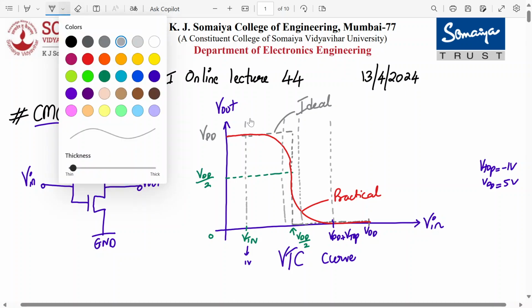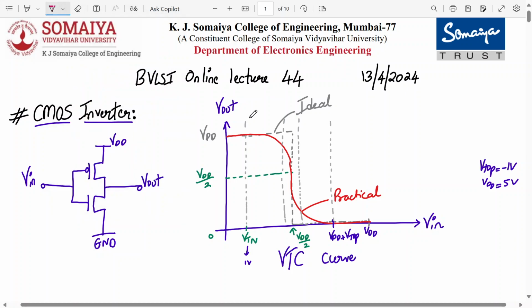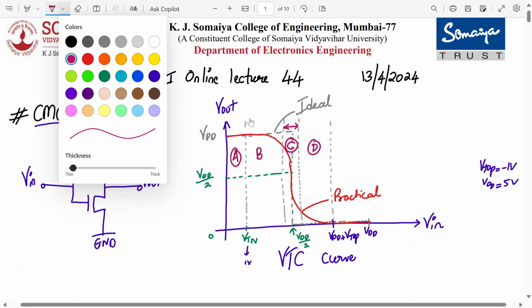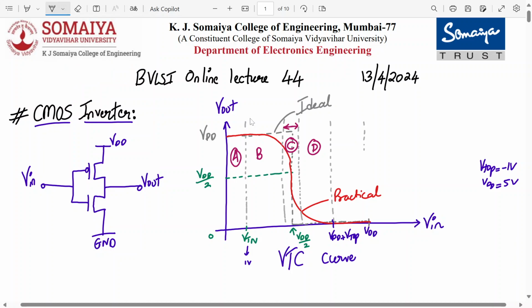So these regions are defined as region A, B, and between these two blocks this is region C, then D, and this is E. If I mark it over here, from VDD plus VTOP till VDD, this is region E. And we have seen during the last lecture in which mode of operation the NMOS and PMOS work in these different regions. So let us just revise.